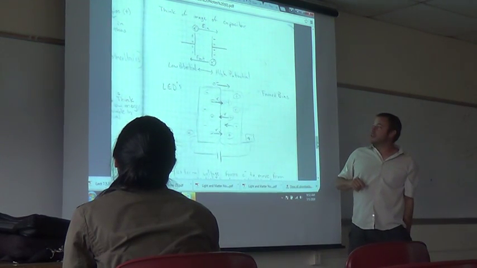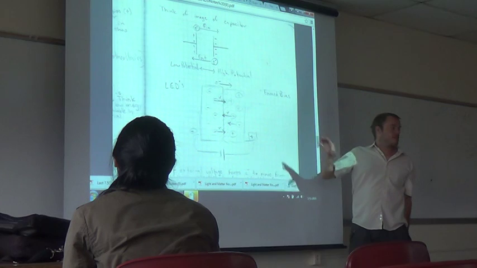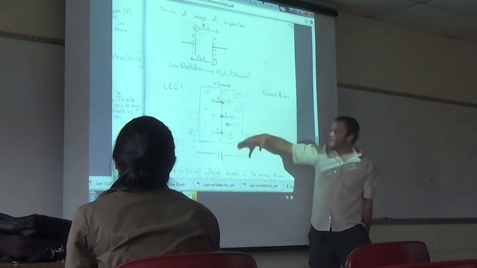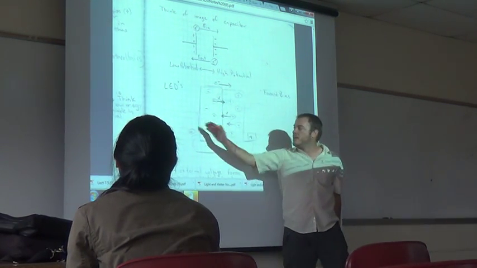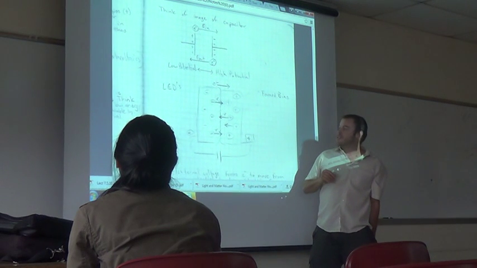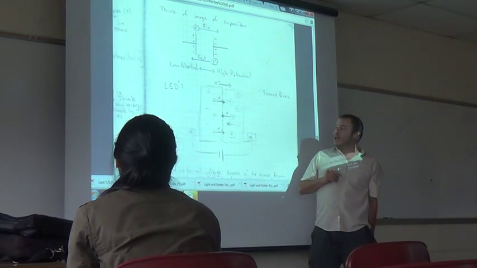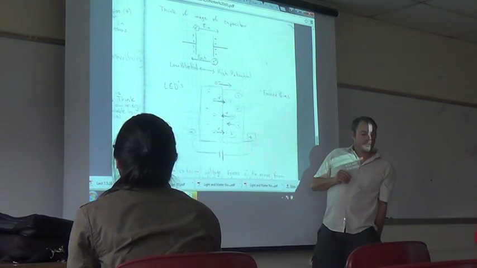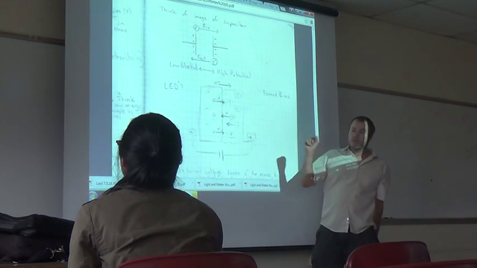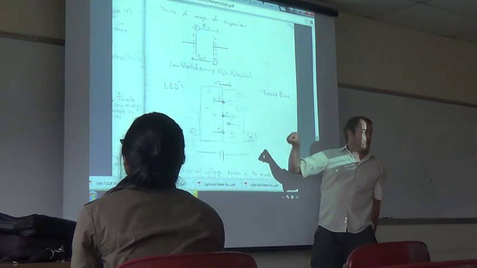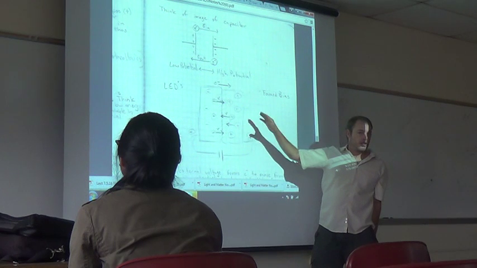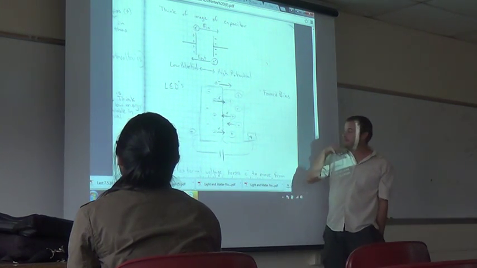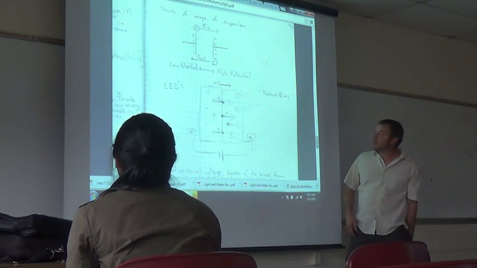Same thing is happening in these LEDs, or these diodes. These diodes set up something that looks like a capacitor. We got a high potential energy spot, a low potential energy spot for the electrons, and we can move the electrons back and forth, but not without seeing the kind of concurrent energy transfers.